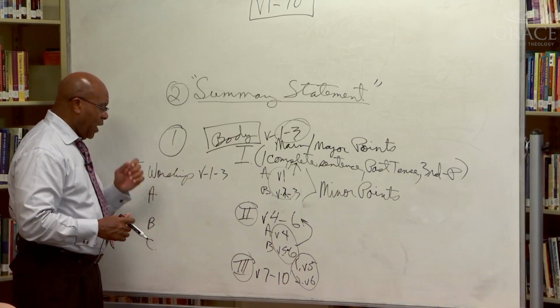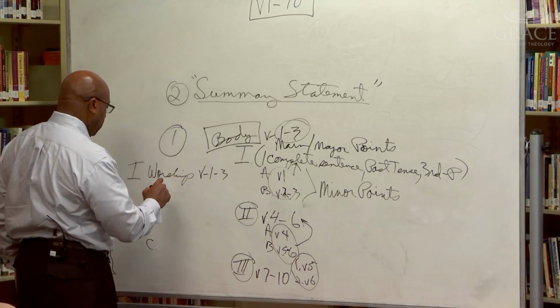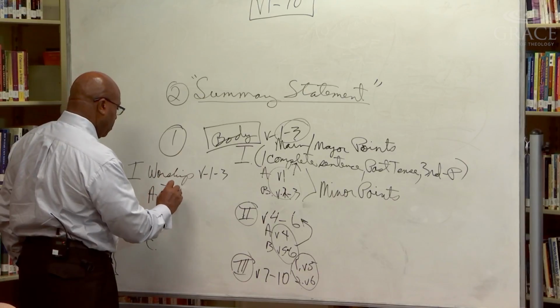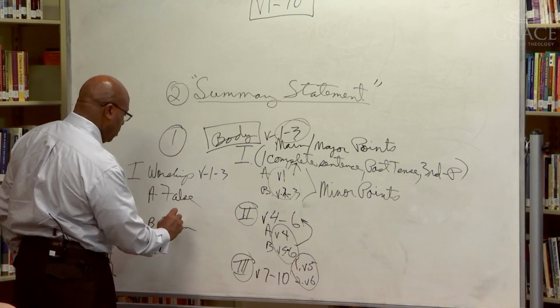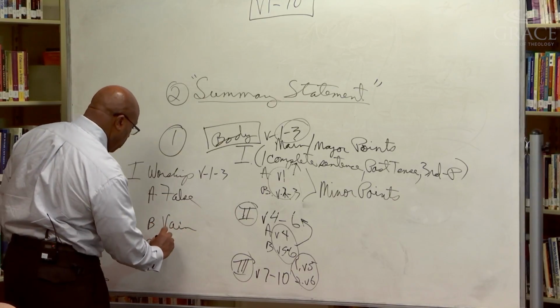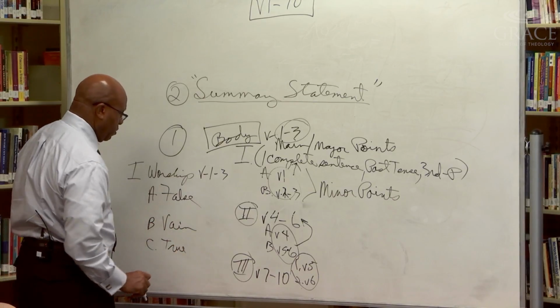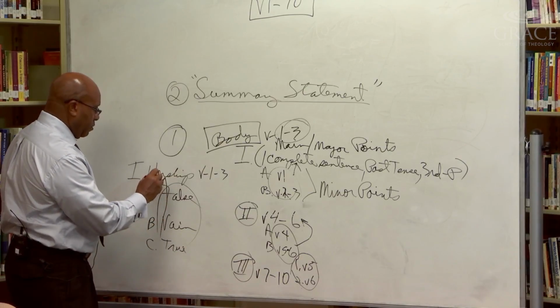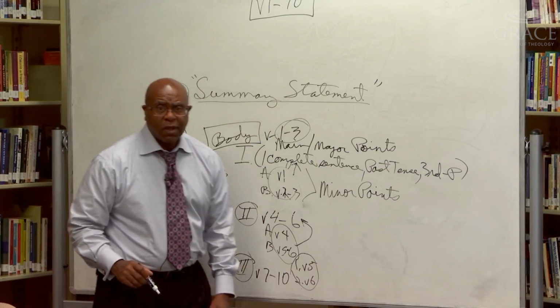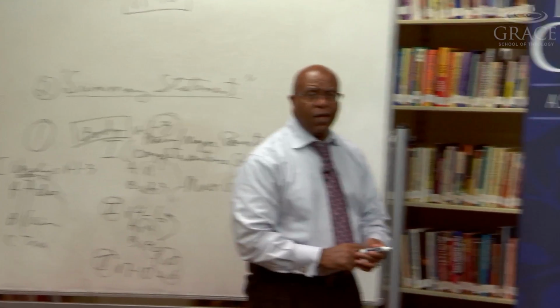So the A might be false worship. B might be vain worship. And C might be true worship. See how that works? But they all tree up to be what? Worship, exactly. All right, so that's how you break it down, that they all tree up to the same concept.